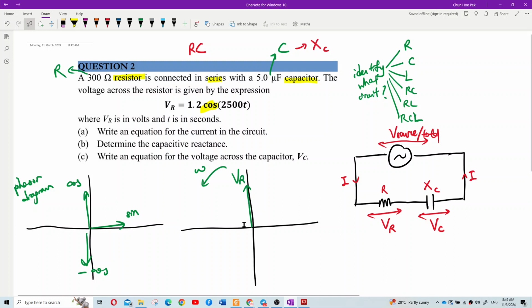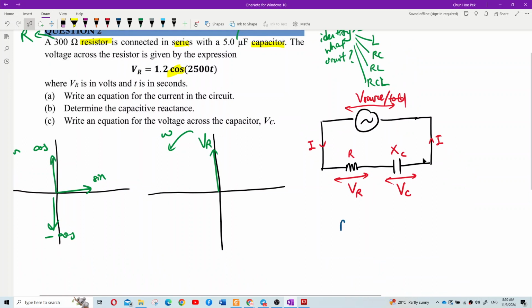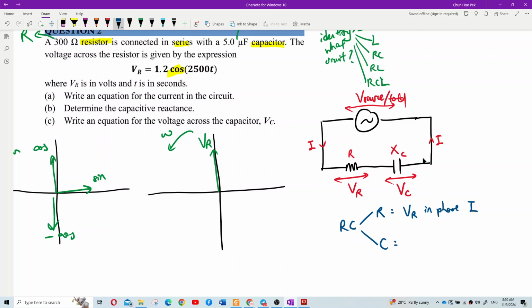Phasor ni ya, leading. Okay, this is RC circuit, right? Remember what you know about RC circuit? Kalau resistor, voltage R macam mana? Voltage R in phase with current kan? Kalau capacitor is apa?